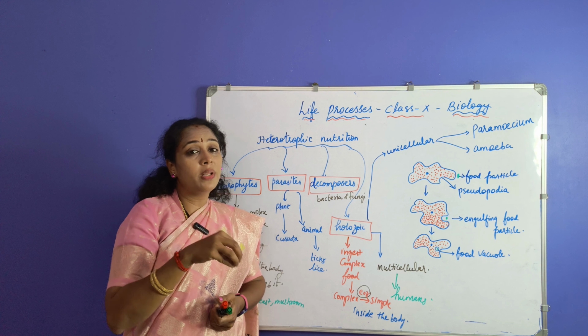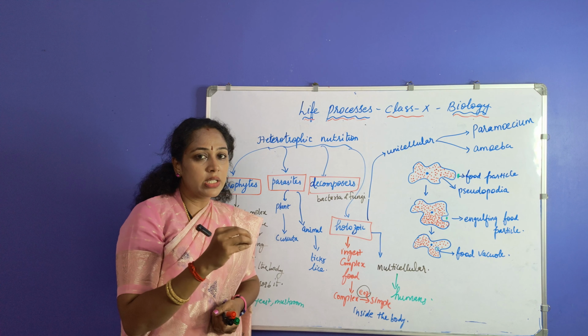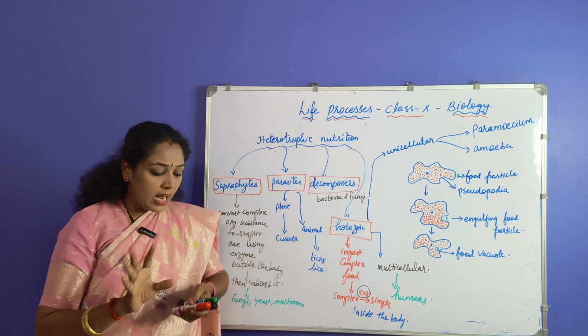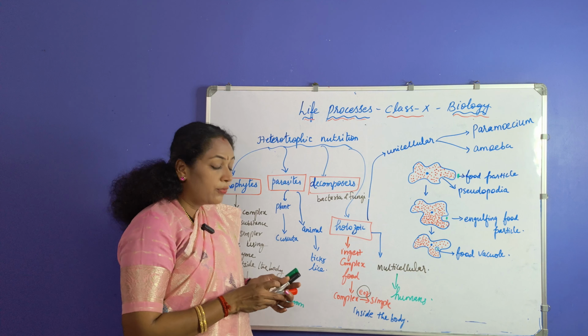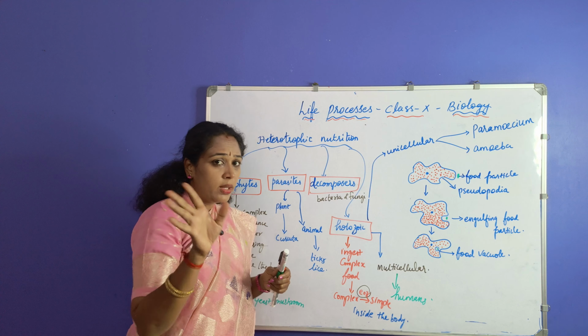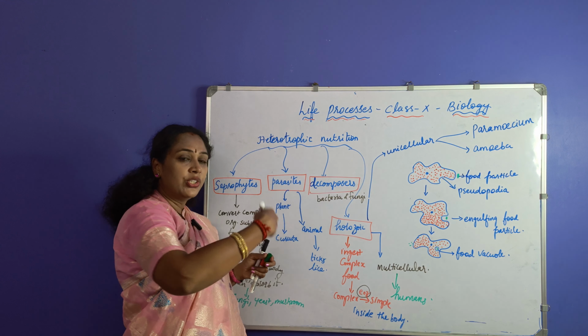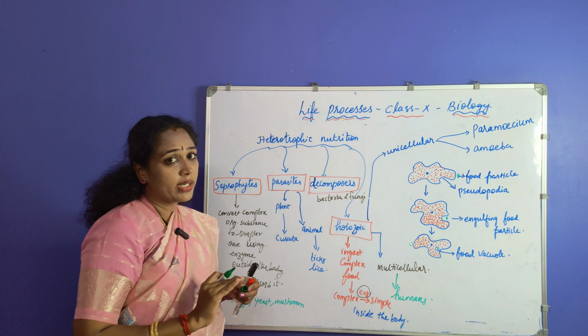That vacuole contains many different kinds of enzymes, and those enzymes will break down the ingested food into tiny food particles. After that process is over, whatever food is ingested is assimilated in the body. A single cell does all the processes, and undigested food is removed again through the cell membrane, and the process is called egestion.